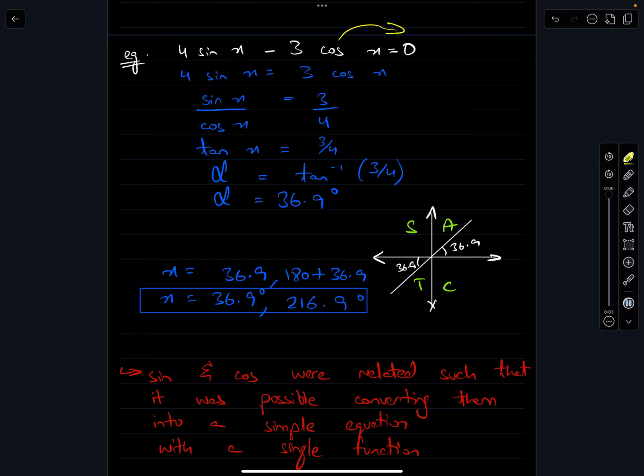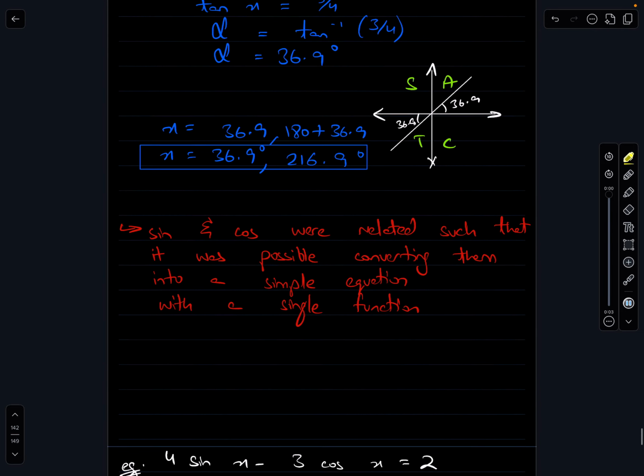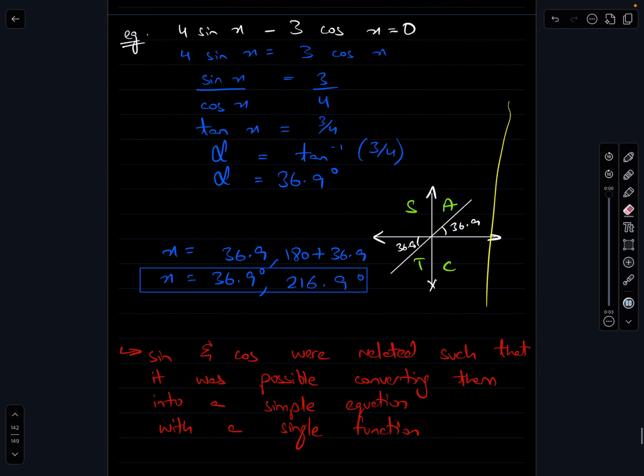We would send this to the right hand side and then cross multiply, or in other words, send 4 there and cos there, and we have tan, because we study the identity sin x over cos x is equal to tan x. Thus, this is not a function of trigonometry, since we could apply a trigonometric identity and convert this to a single function. And the rest of the part was solved as it.